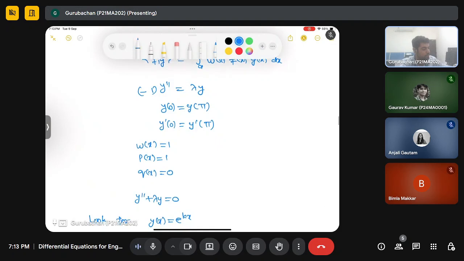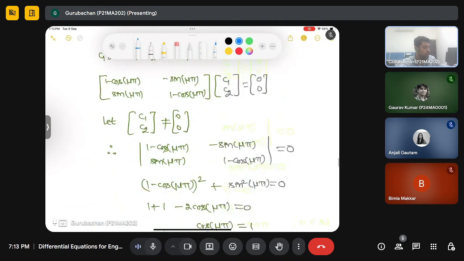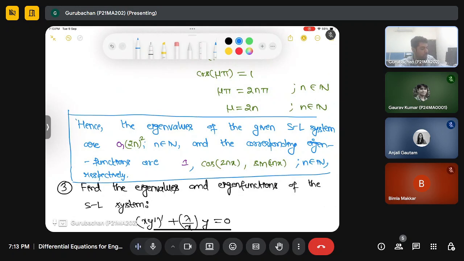Okay, so this is your question number 1. Question number 2, where we get two eigenvalues, and with respect to those eigenvalues, we got three eigenfunctions. One is with respect to the first eigenvalue, and another two functions with respect to the second eigenvalue.